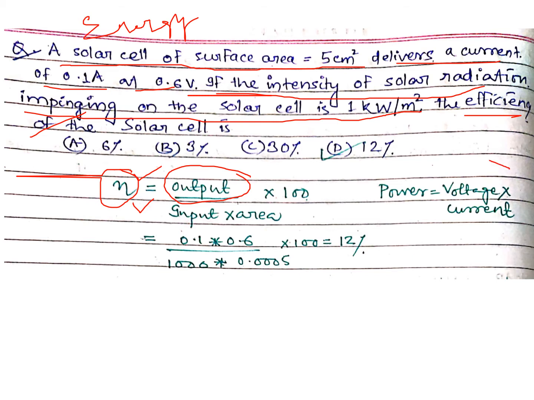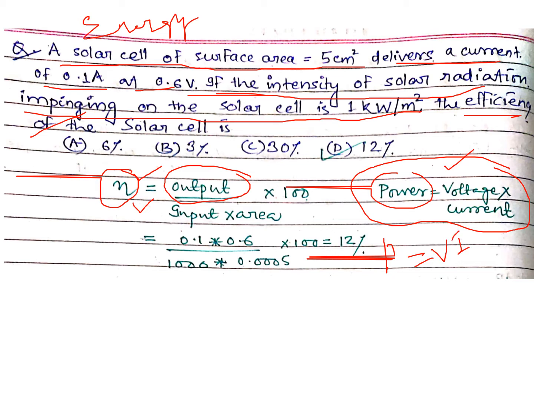The power formula for a solar cell, when voltage and current are given, is power equal to voltage into current. So P equal to V into I.